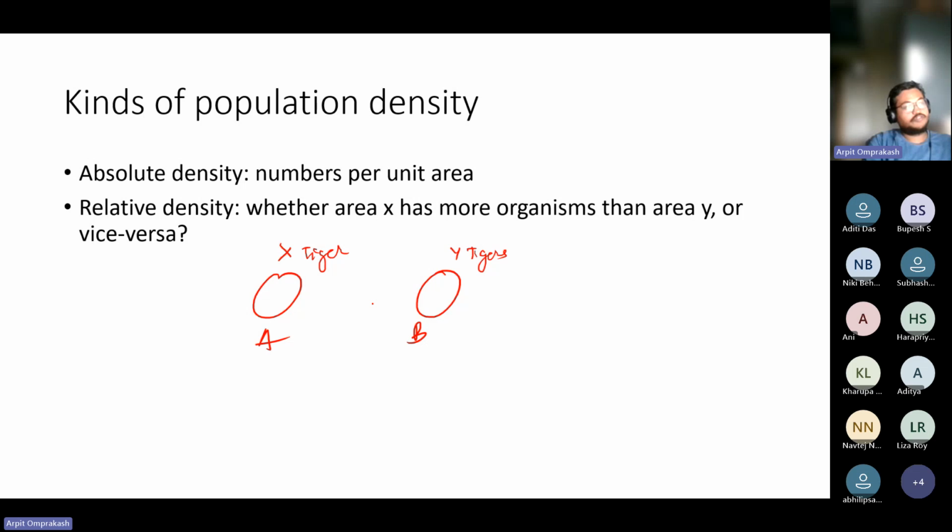Figuring out if X is greater than Y or Y is greater than X is the relative density. So we want to know if area A has more tigers than area B or area B has more tigers than area A. We don't want to know the exact numbers, but we just want to know if the density of the population is higher here or higher there. That is known as relative density.